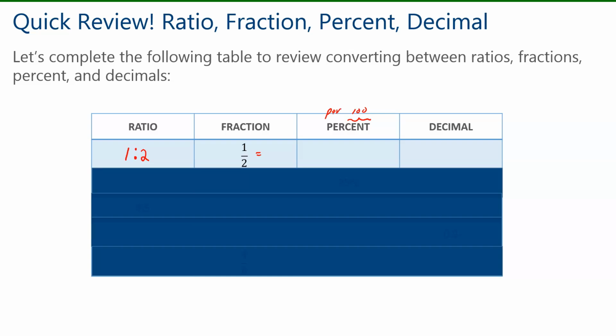If I want to rewrite 1/2 as a fraction out of 100, that will in turn give me my percentage. We are writing an equivalent fraction here. 2 times 50 will give me 100. To write the equivalent fraction, 1 times 50 is 50. And as I suspect you already knew, that in turn gives us 50 per 100, 50%.